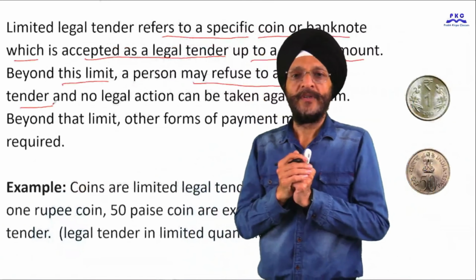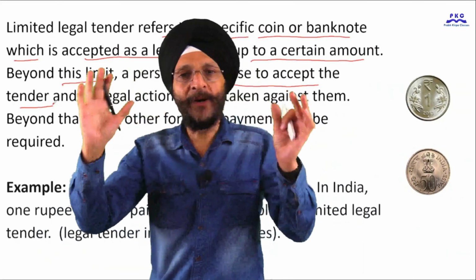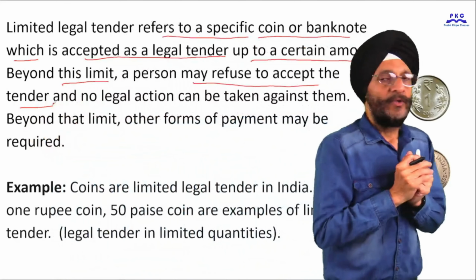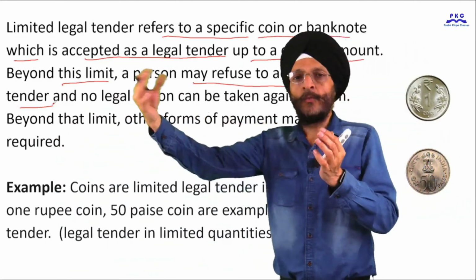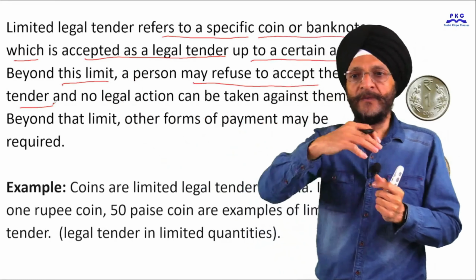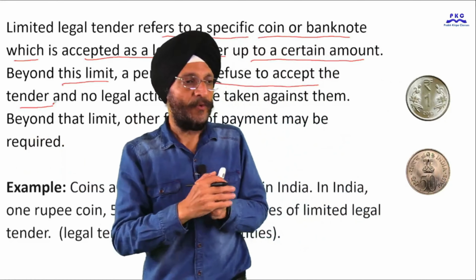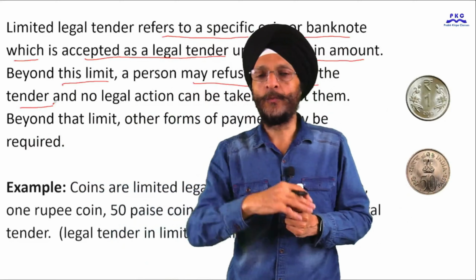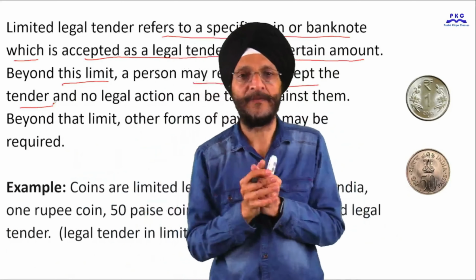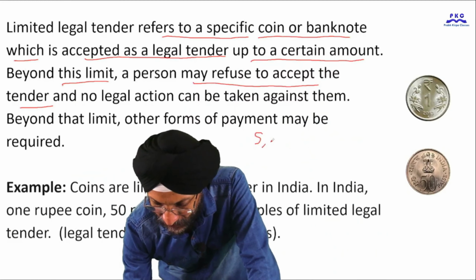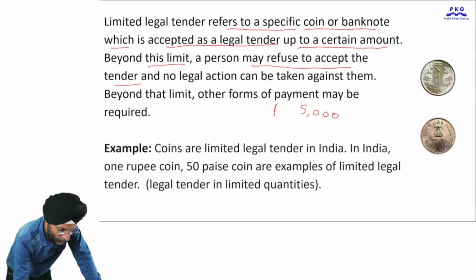Suppose you have to arrange a birthday party. You go to McDonald's where you ask for burgers and Coca-Cola to be served to all your friends, and suppose the bill of the same comes to rupees 5,000.